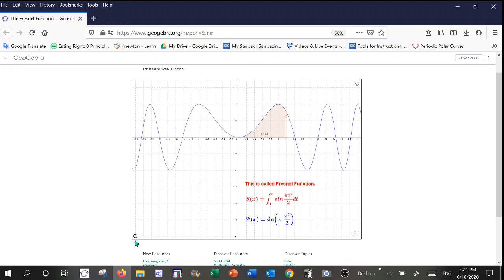Looks like it did. So I could just animate it here. There. You see, we are evaluating the different values for the area under this curve, which is this curve right here, this is the area function.